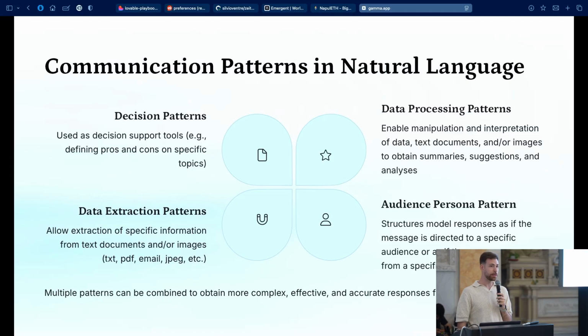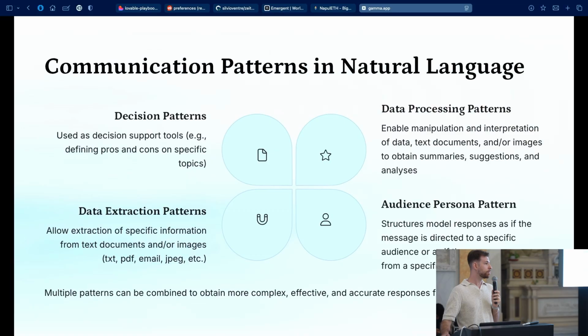There's another one, data processing patterns. It's very useful for manipulation and interpretation of data. So, for example, if you have text documents or PDFs or spreadsheets, documents in general with data, you can process, analyze, and interpret data.